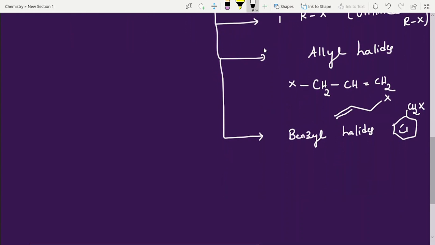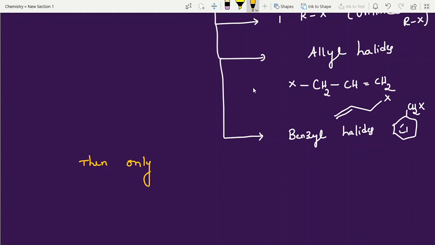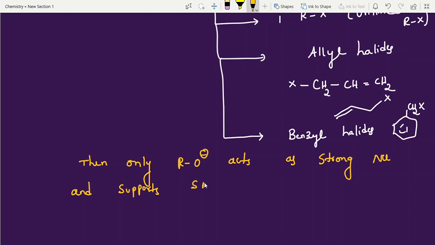Note this point here. After this, what you will write? If you select the above cases, the above alkyl halides, then only RO minus acts as a nucleophile, that is a strong nucleophile, and supports the SN2 mechanism.